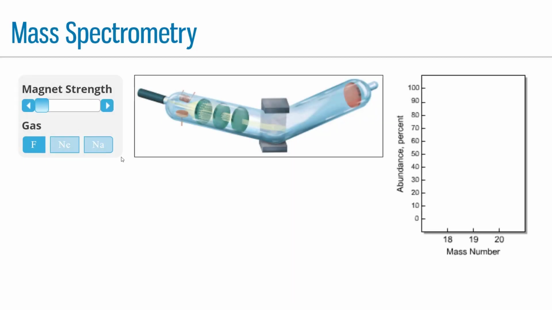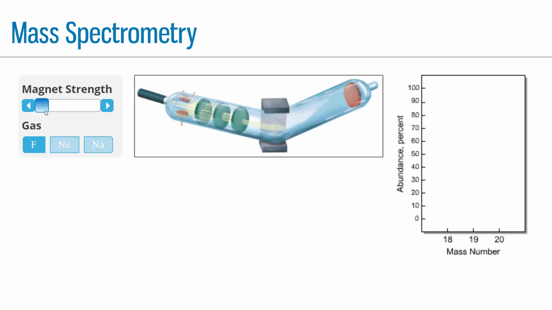Okay, so what we have here is a simulation of mass spectroscopy. We have our mass spectroscopy device right here in the center, which is basically our bent tube, particle accelerator, magnetic field, and detector on the right. We're going to start off with fluorine. We're going to pass fluorine through. Now you see with the strength of the magnet as is, it's not deflecting the fluorine at all. So these little yellow beams are just hitting the sidewall of the container.